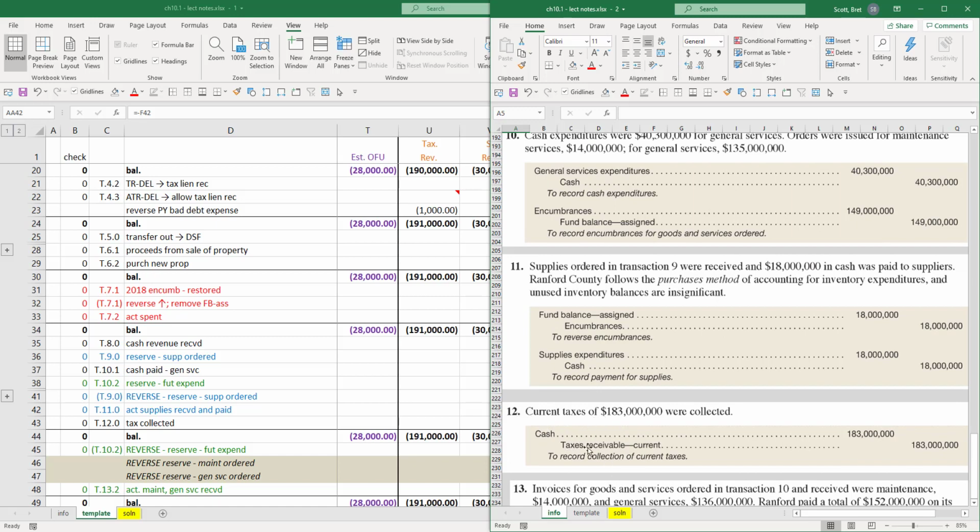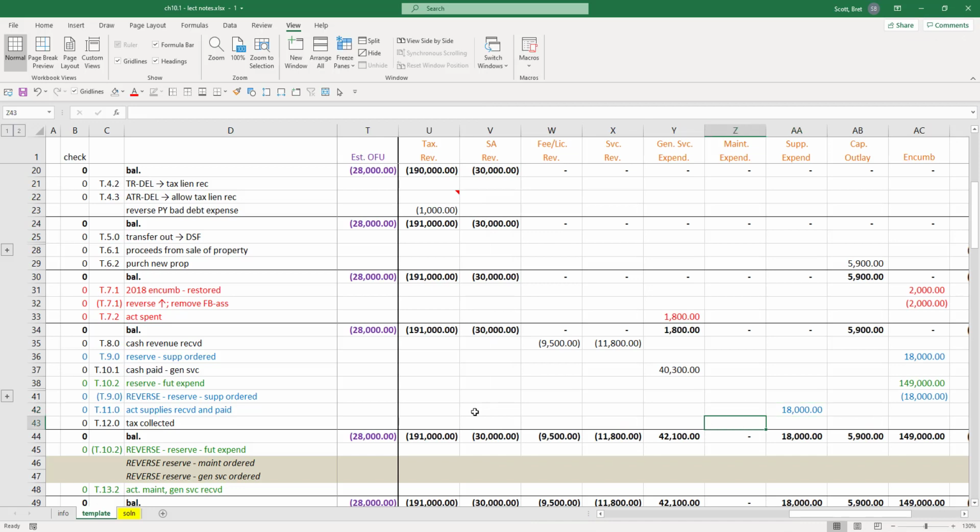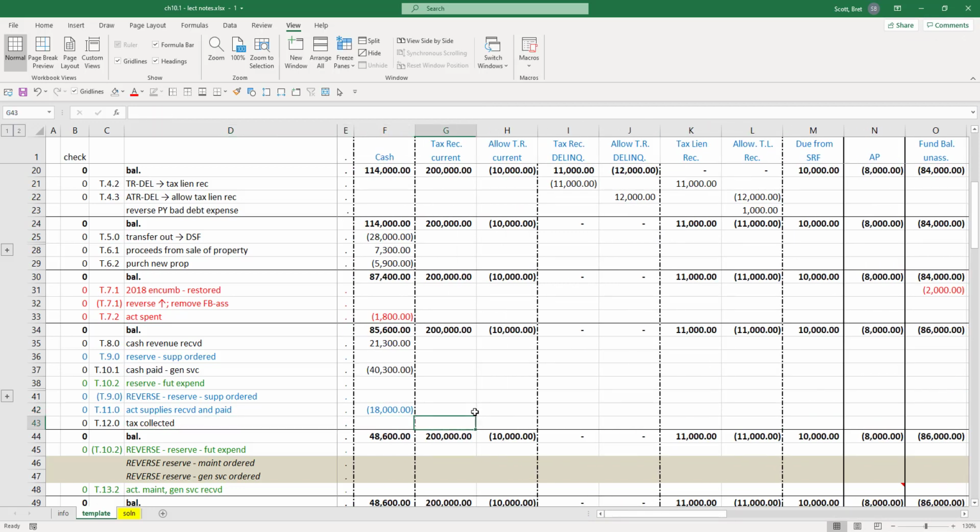Number 12, current taxes 183 were collected. So tax receivable current needs to go down by what we actually collected, 183, and we got cash for that. That's good news. So tax collected, debit 183 million for cash. Under the current tax column, put that credit down there.